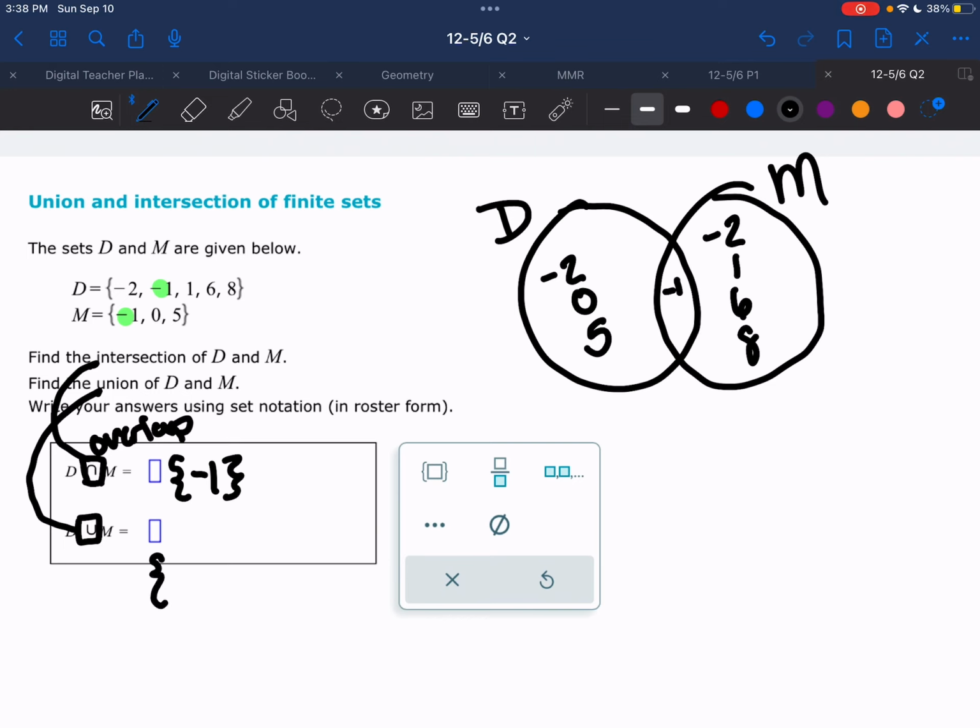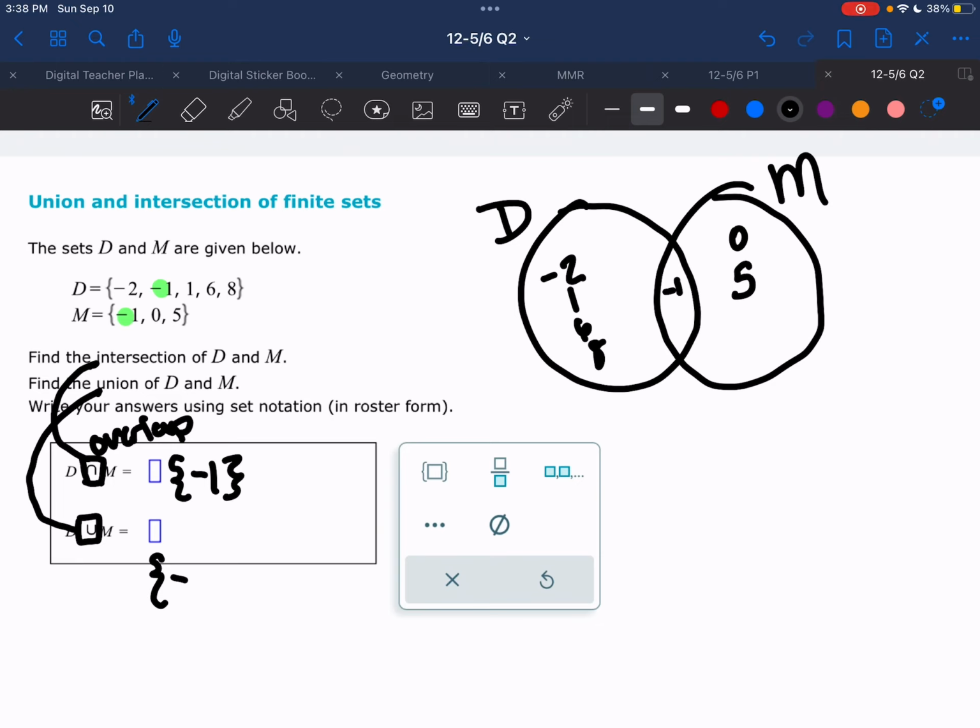So my options would be -2. -2 is not an M. I kind of switched these up by accident. So I have -2, 1, 6, 8, and then 0 and 5 here.